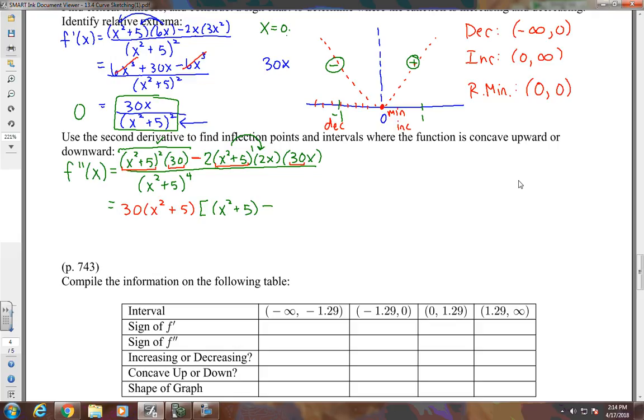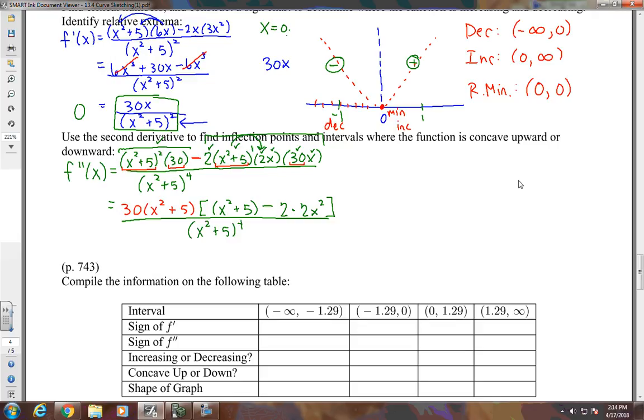So let's look at our second term. It's kind of long. We're going to need a 2. We already have the x squared plus 5 in our GCF. We're going to need another 2 and an x. We've already got the 30, but we need another x. Okay? We can always check by redistributing our GCF there.